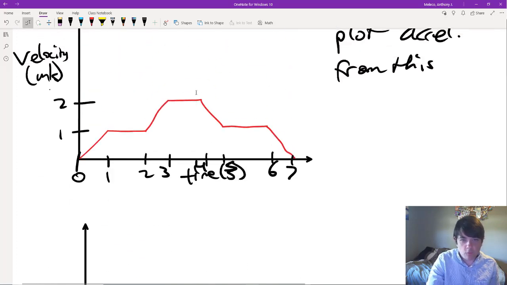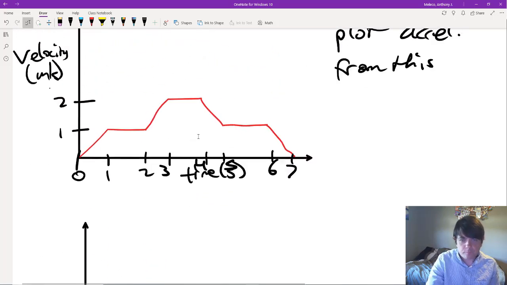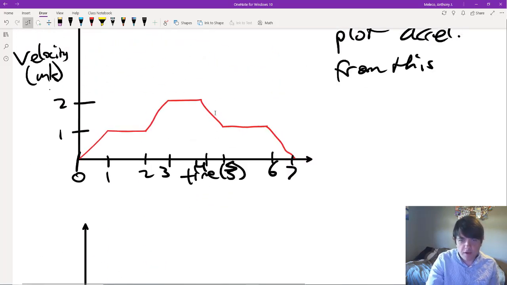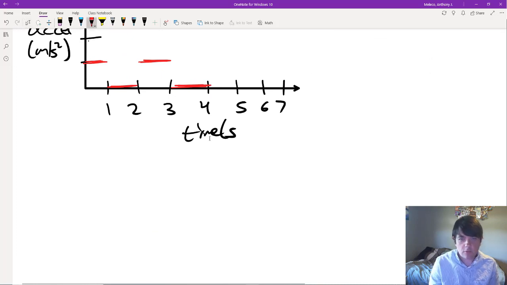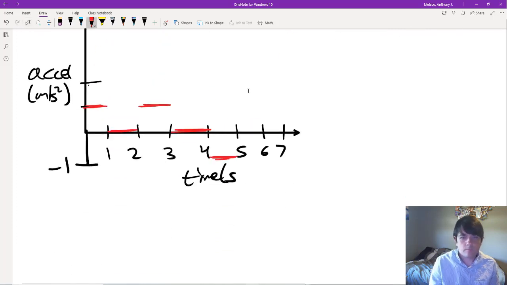And then from 3 to 4, it's another horizontal, so it's flat. Here, 4 to 5, it's -1. And I didn't plot that, so I need to put that down here. And then 0. And then another negative.